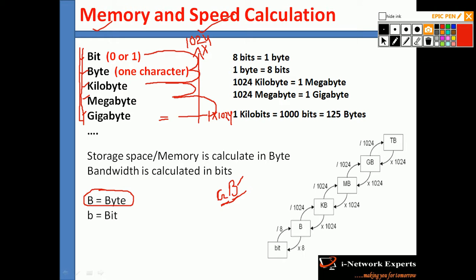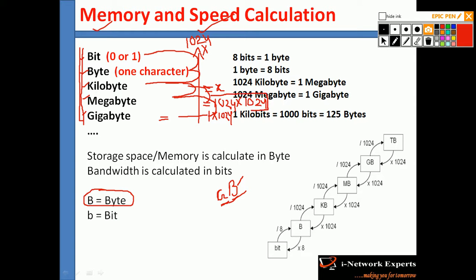So the calculation will be 1 into 1024, and the value you get is 1024 megabyte. Then you convert that into kilobyte, so multiply 1024 by 1024. Let me assume that value is x.